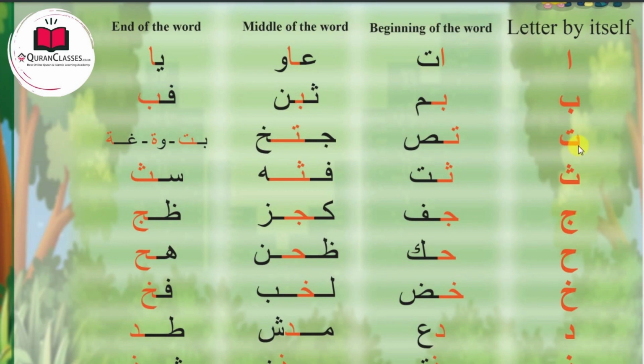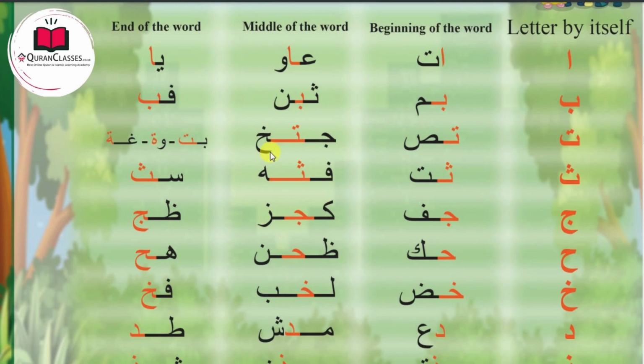Now we have the letter Ta. It looks like this here. When Ta comes at the beginning of the word, we can see it like this. Ta Saad. It's a join of two letters. First Ta, after that we can see Saad. Then we'll see Ta in the middle of the word, like Jeem, Ta, Khaa.